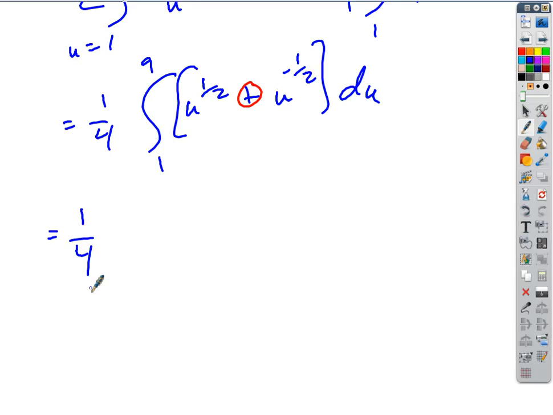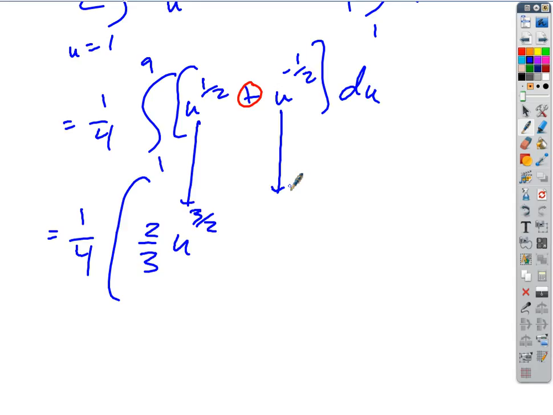Instead of dividing by 3/2, multiply by 2/3. So this part right here is going to become 2/3 u to the 3/2, right? Okay. And then this part, because we're just using our power rule, the antiderivative of u to the n is u to the n plus 1. Oh, we're doing antiderivative. I keep thinking we're doing derivative.